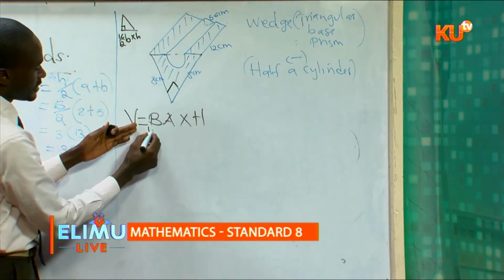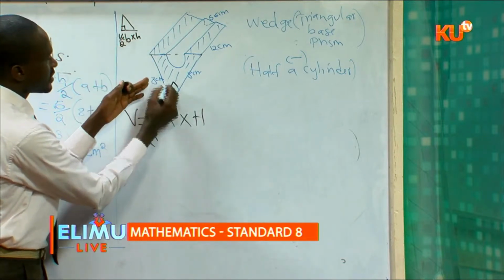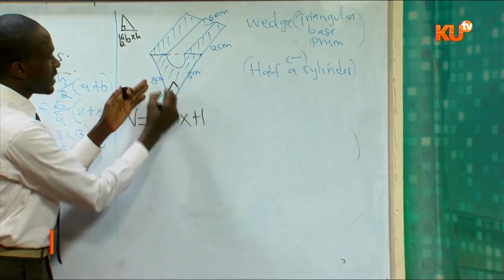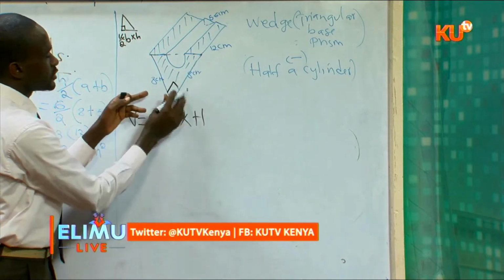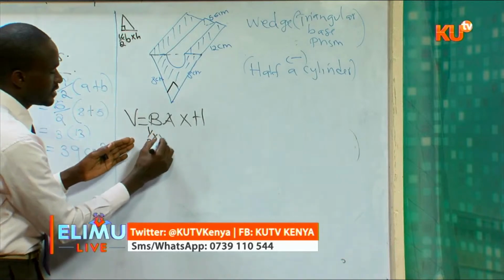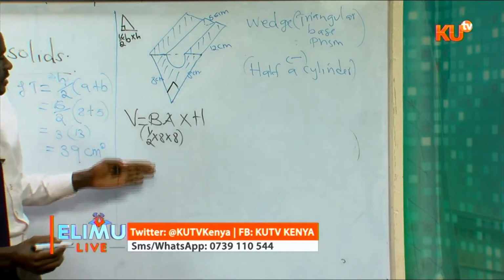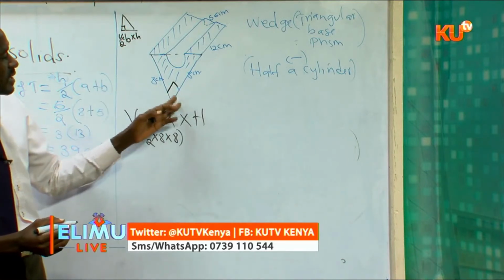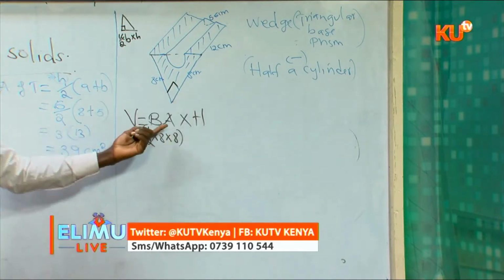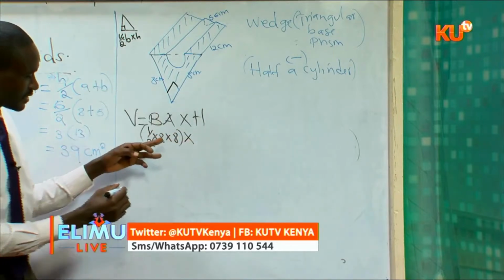Now base area is a half times base. Base is this one. Base and height make a right angle. So you check the two sides which make a right angle, like this one. It is 8 times 8. That one is already a half times base times height. That one has already given you the base area. Then now times height.